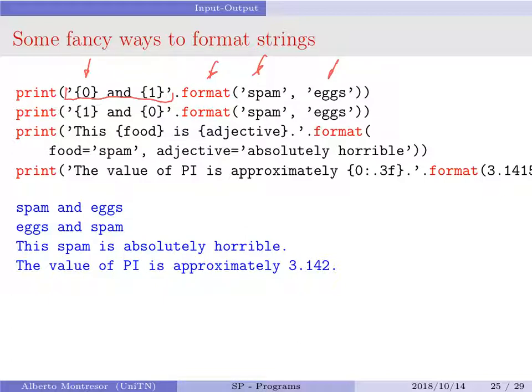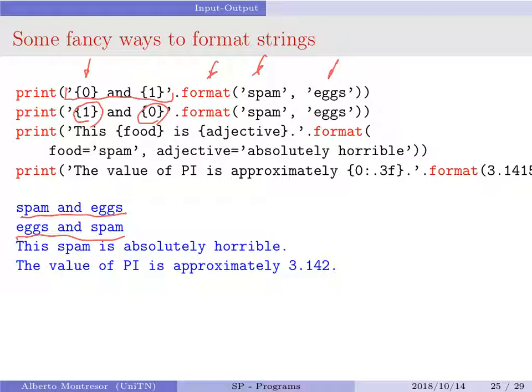So if I do this, print {0} {1}.format(spam, eggs), I get spam eggs. If I invert 1 and 0, I can print eggs and spam. And this is useful to print in a nice, compact way what you are trying to write.